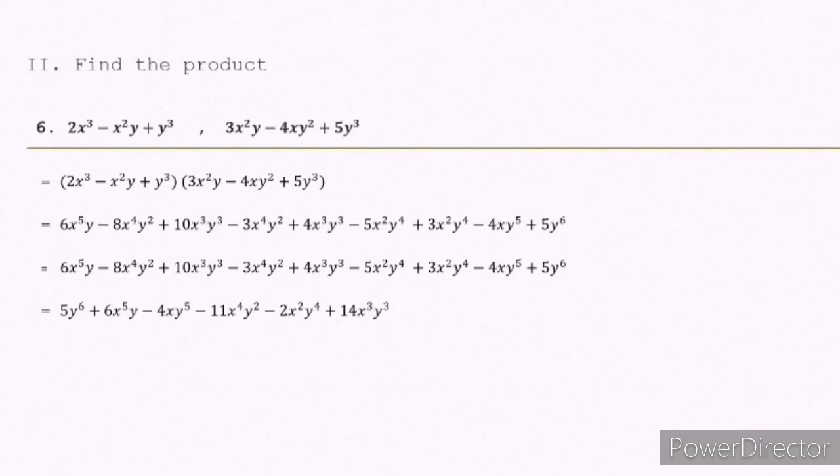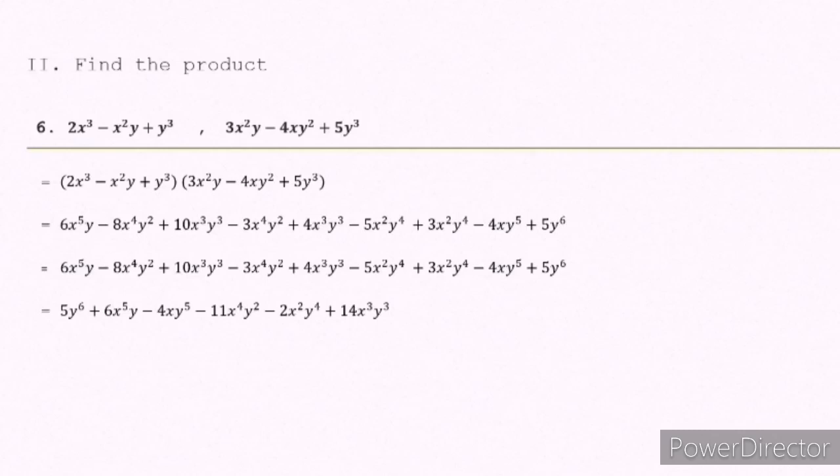The number 6, find the product. 2x cubed minus x squared y plus y cubed multiplied by 3x squared y minus 4xy squared plus 5y cubed. 2x cubed times 3x squared y is equal to 6x to the 5th y.